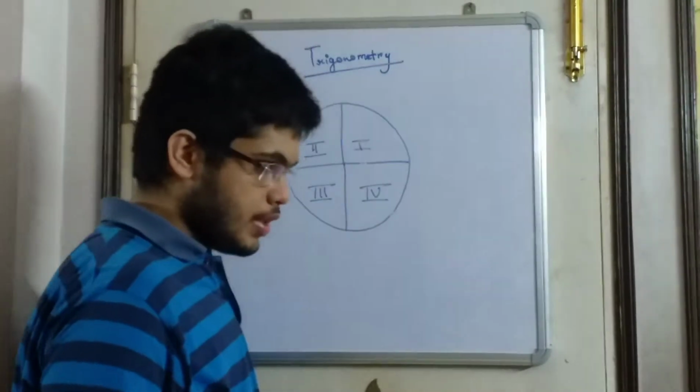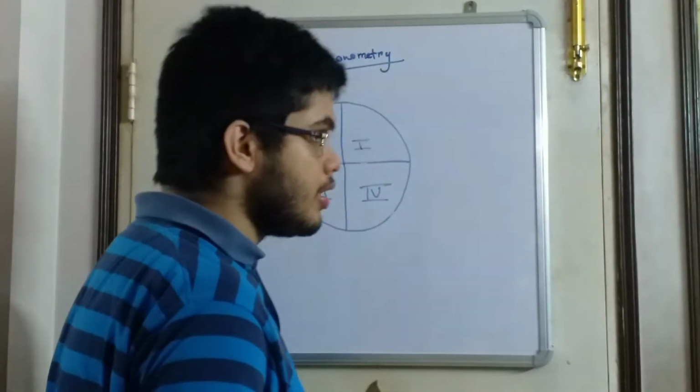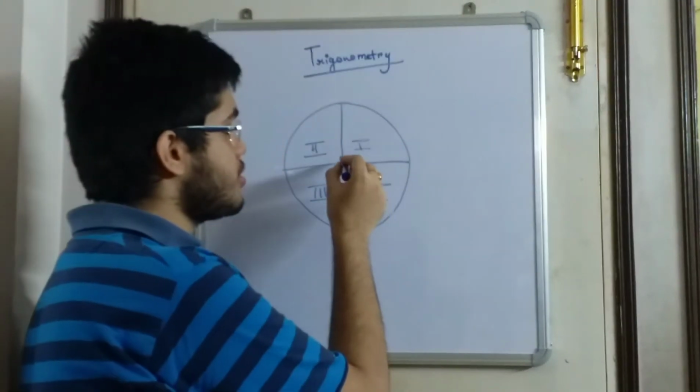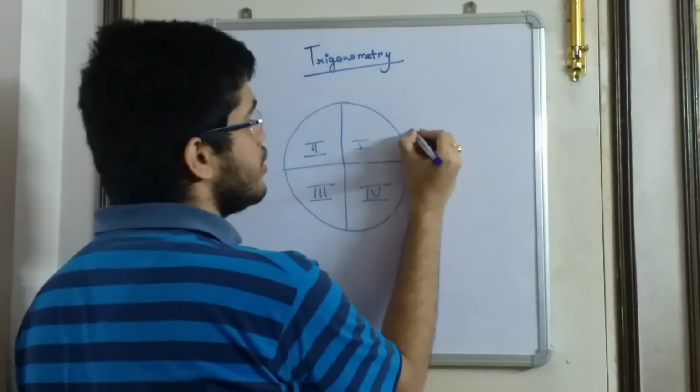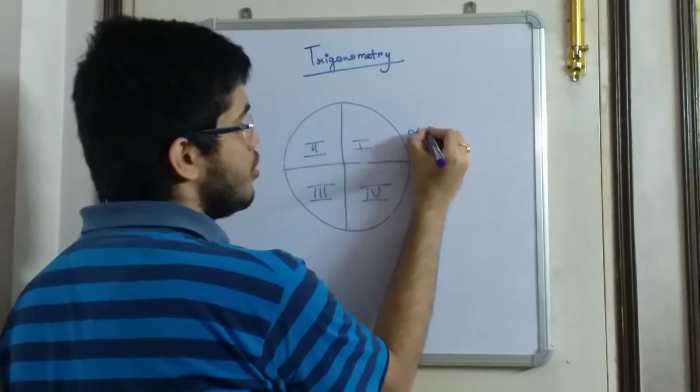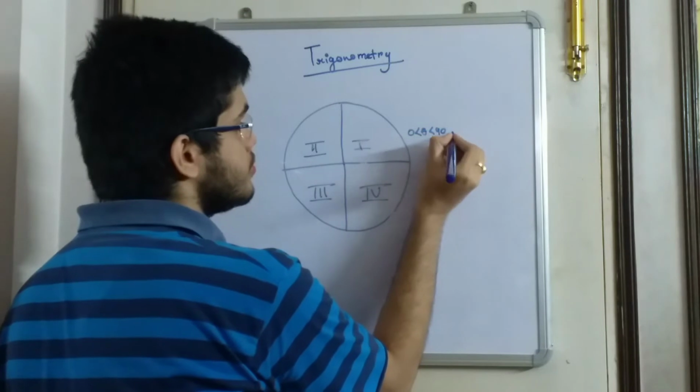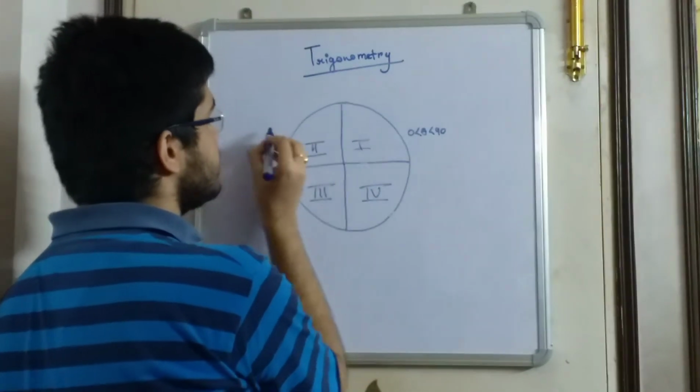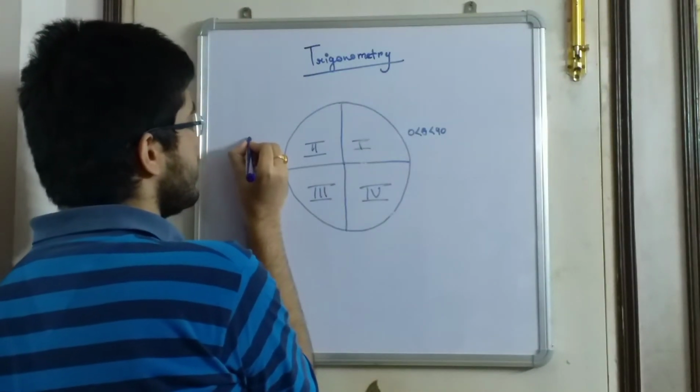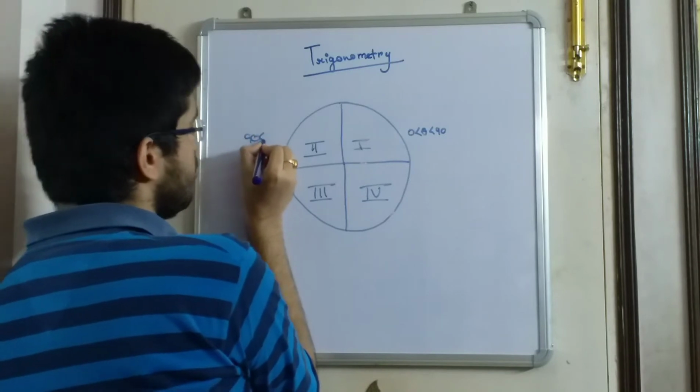Now I hope you know that for the first quadrant the angle varies between 0 to 90. For the second quadrant the angle varies between 90 to 180.